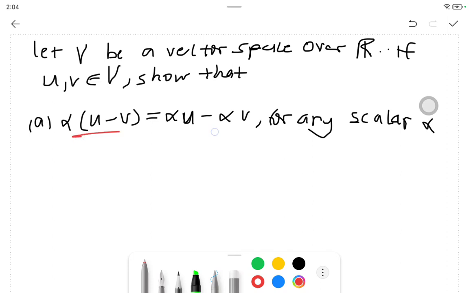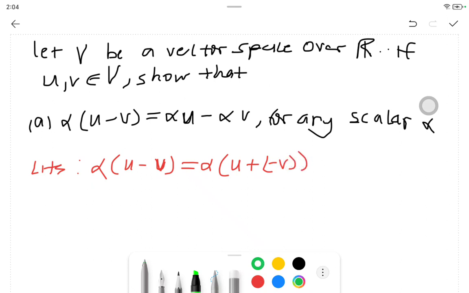must prove that this left hand side is equal to the right hand side, right? If we look at the left hand side, we see that we're given alpha(u minus v). When I'm given this we should know that it can be written like this. First, we must write it like this.